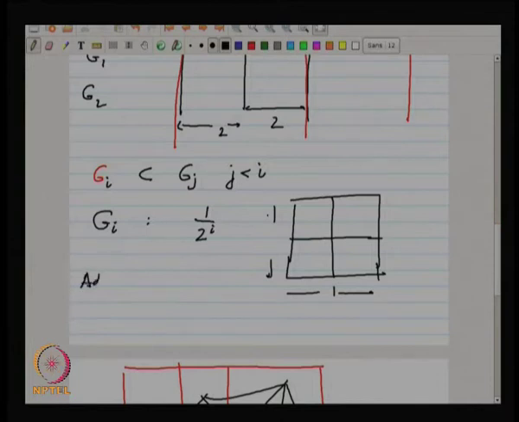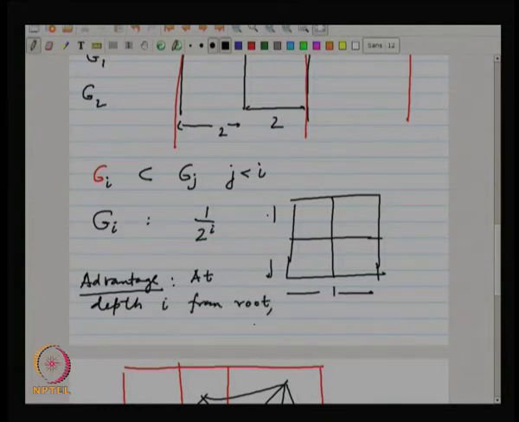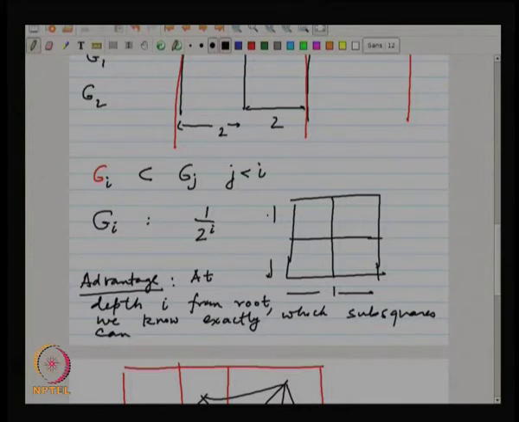One advantage is that at depth i from the root we know exactly which subsquares can be present.